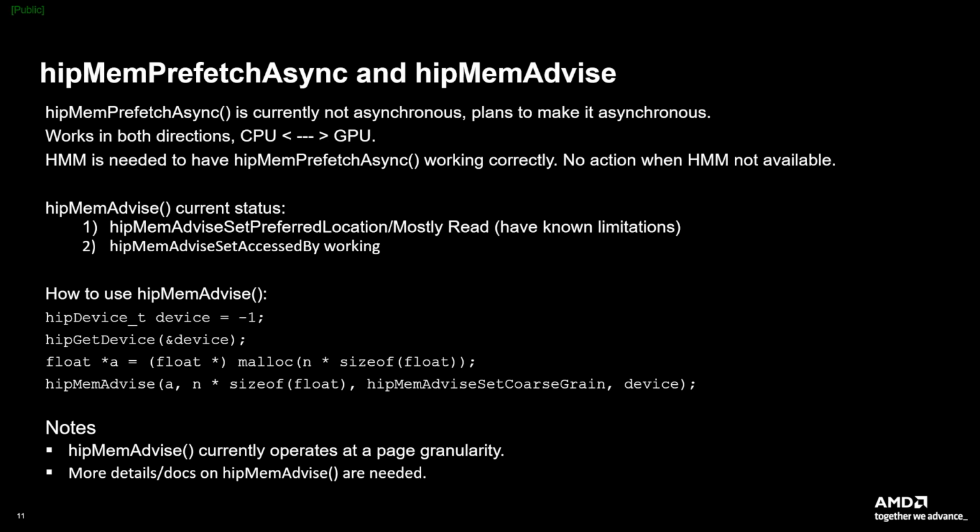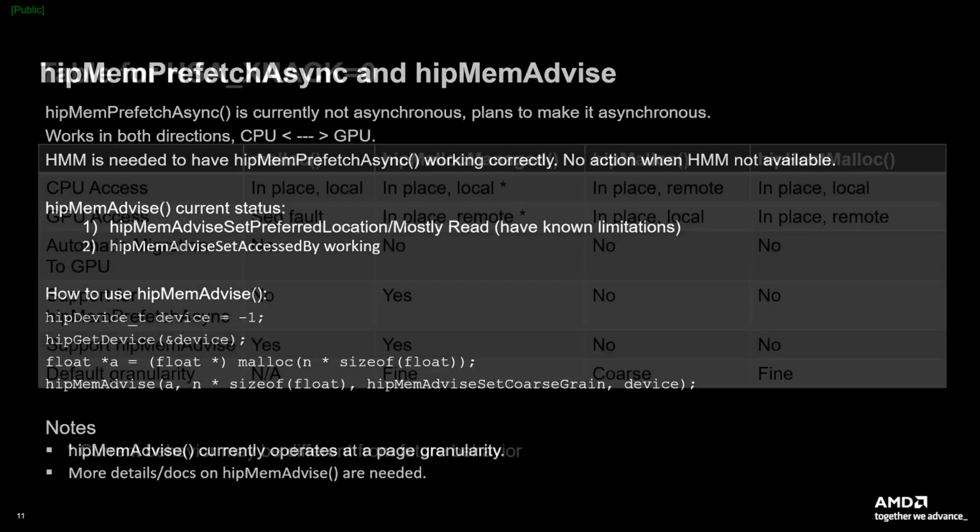So here we're using that memAdvise call to set the coarse grain attribute for the memory. So we can change the kind of memory that we get back from the malloc call. It does operate at page granularity, and do keep track of current changes to HIP memAdvise if you're using it.